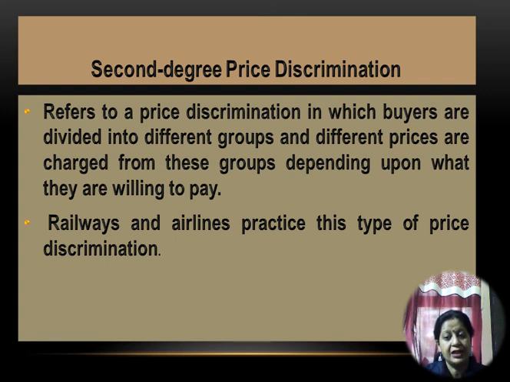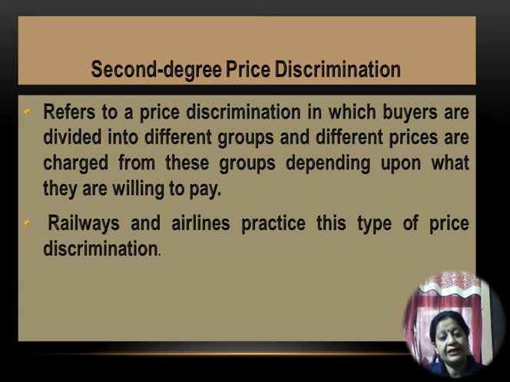So here the monopolist or the seller divides the consumers or the buyers into different groups, and charges different prices to different groups according to the need and desire for the commodity and the price they are willing to pay.